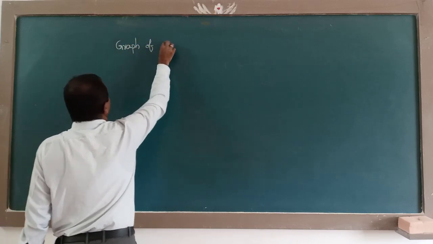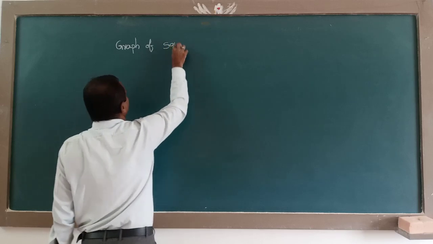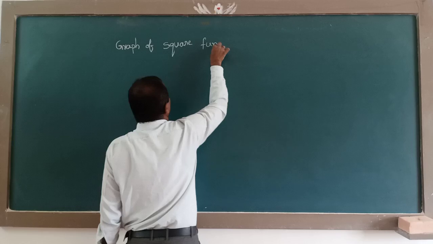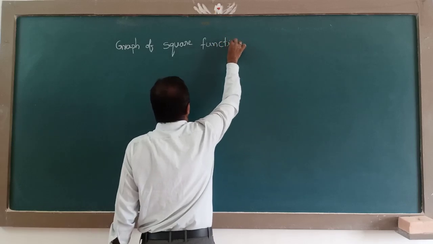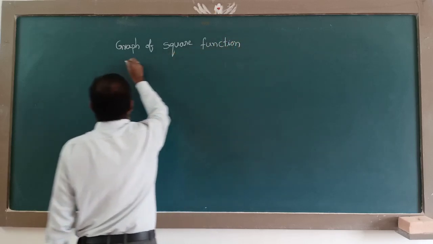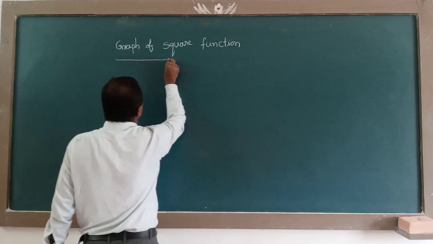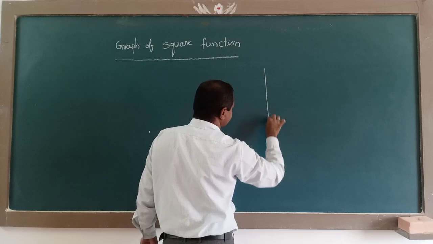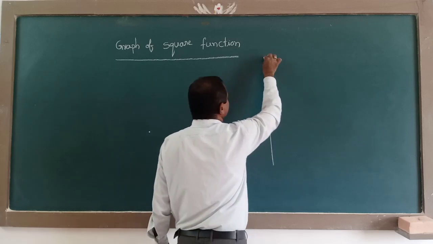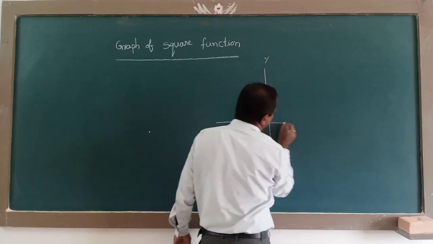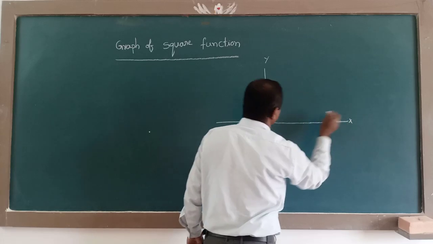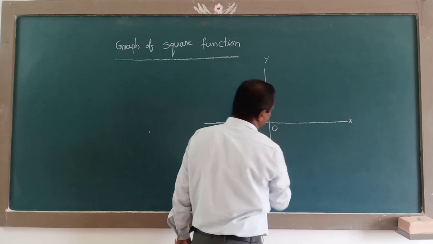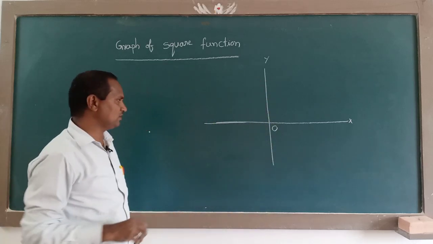Draw the y-axis and x-axis, 0 the point of intersection of the x and y axes, the origin.